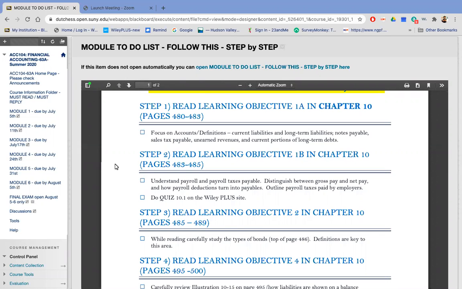And in addition to actually taking money out of your check for things like Social Security and Medicare, you've got to understand too that corporations and businesses have to match what you put in to Social Security and to Medicare. Those are payroll taxes that are not shown on your check, but are expenses for the business. They also need to contribute to the unemployment compensation system, which is technically a federal program, but it's really run by the states.